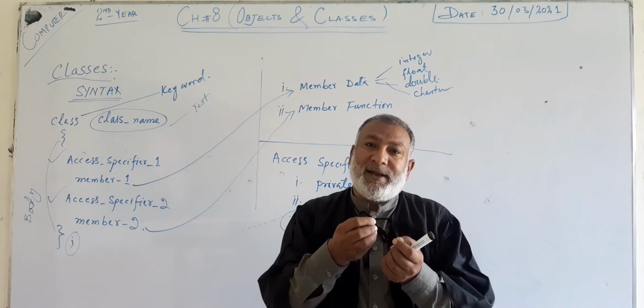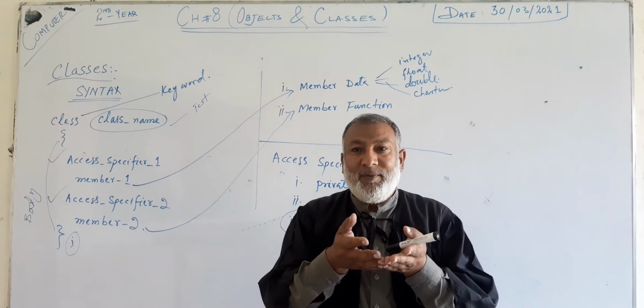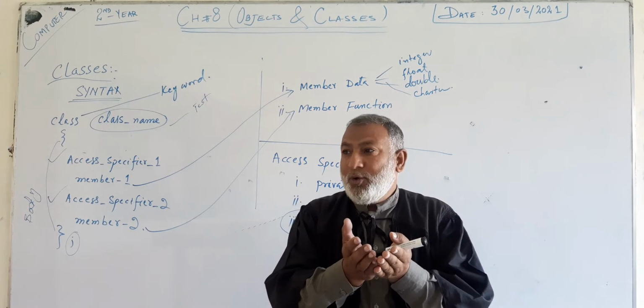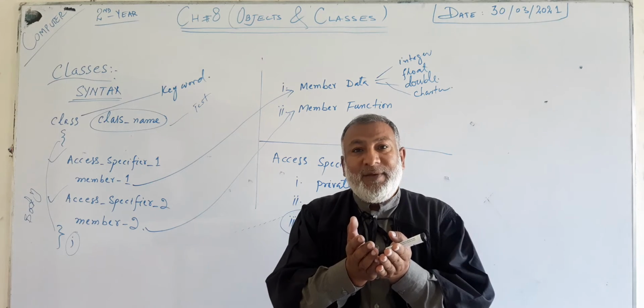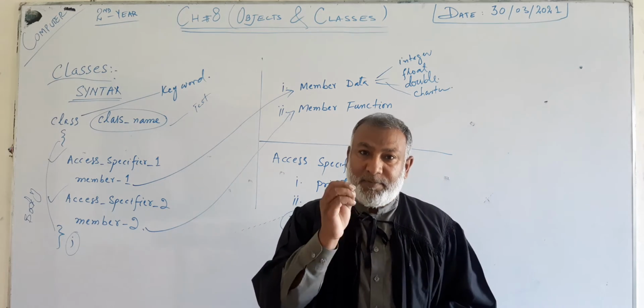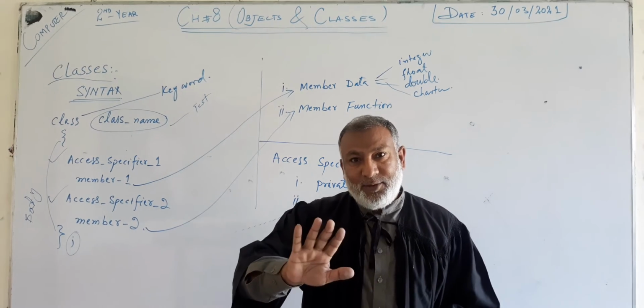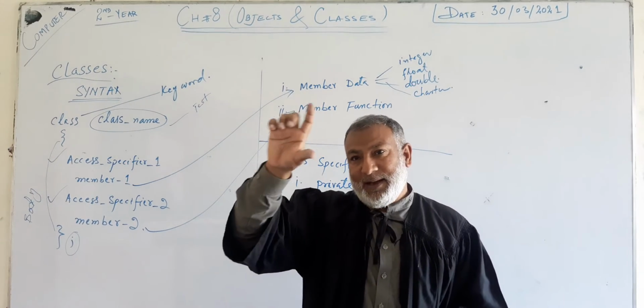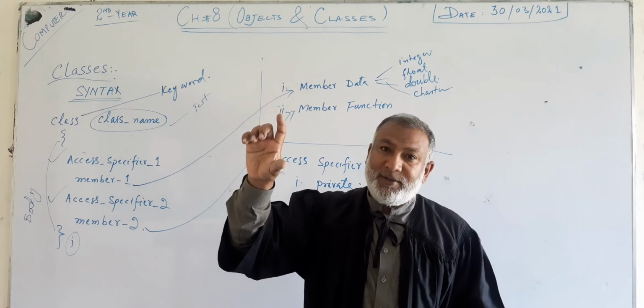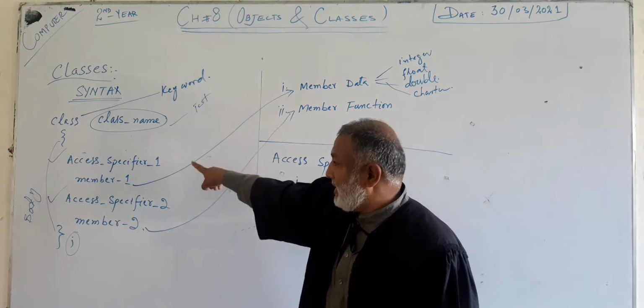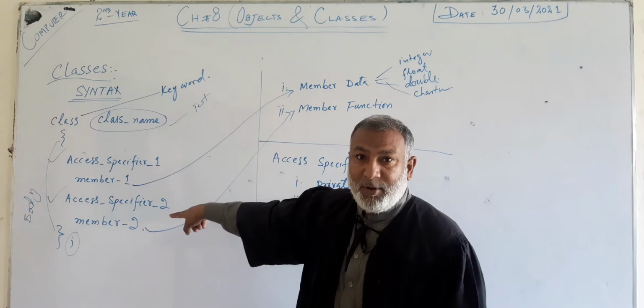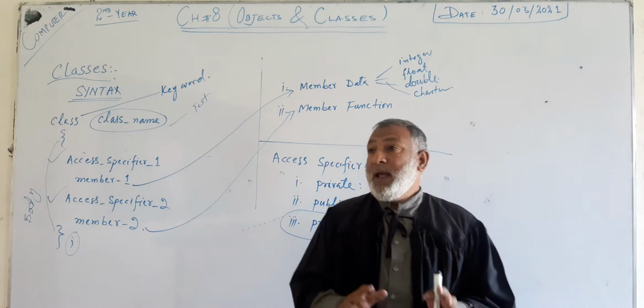Whatever is inside the capsule, we cannot see; it is hidden. So normally we keep the member data as private and the member function as public. This is the basic theme of the class: if you want to secure your data, keep your data private and keep your member functions public.